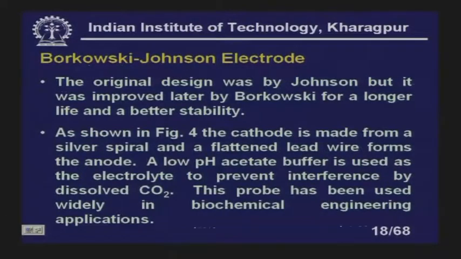As shown in figure 4, the cathode is made from a silver spiral and a flattened lead wire forms the anode. A low pH acetate buffer is used as an electrolyte to prevent interference by dissolved carbon dioxide. This probe has been used widely in biochemical engineering applications.